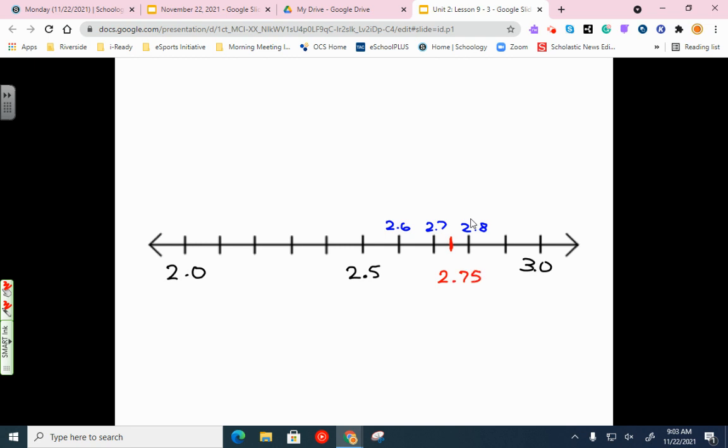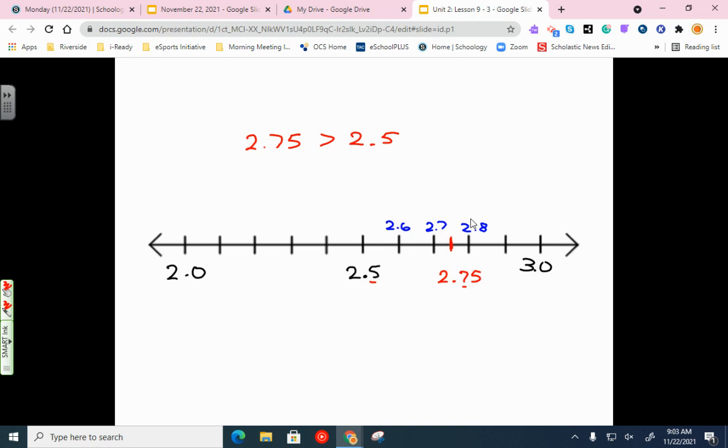So the first question was, is 2 and 75 hundredths greater than, less than, or equal to 2.5? Well, we can see right here in the line that it's greater than, like it's further up on the line. So 2 and 75 hundredths is greater than 2 and 5/10. And you could look just at the tenths place to do that and ignore the hundredths place.